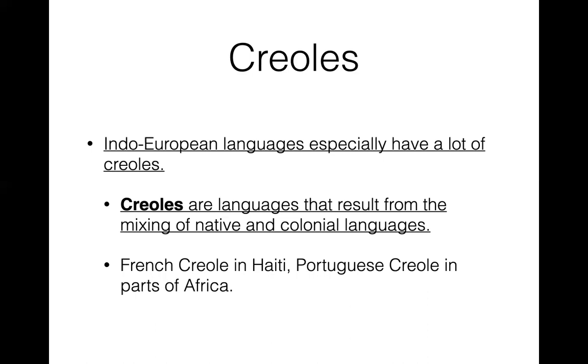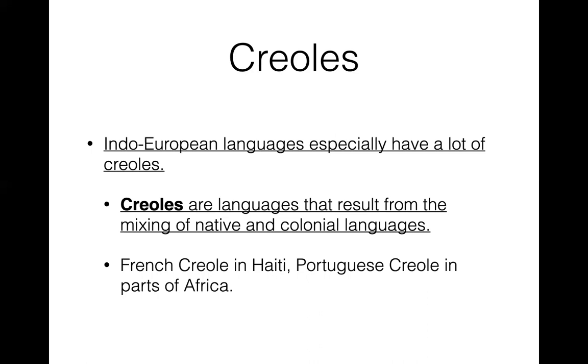So as these two groups meet, you now have a group of colonists that are living in an area that speak usually an Indo-European language. They keep speaking their language, but the natives around them are trying to trade with them, or they're being influenced by them or being controlled by them even. And they start to pick up some of the language of those people, and they start to teach their children some of those words and phrases.